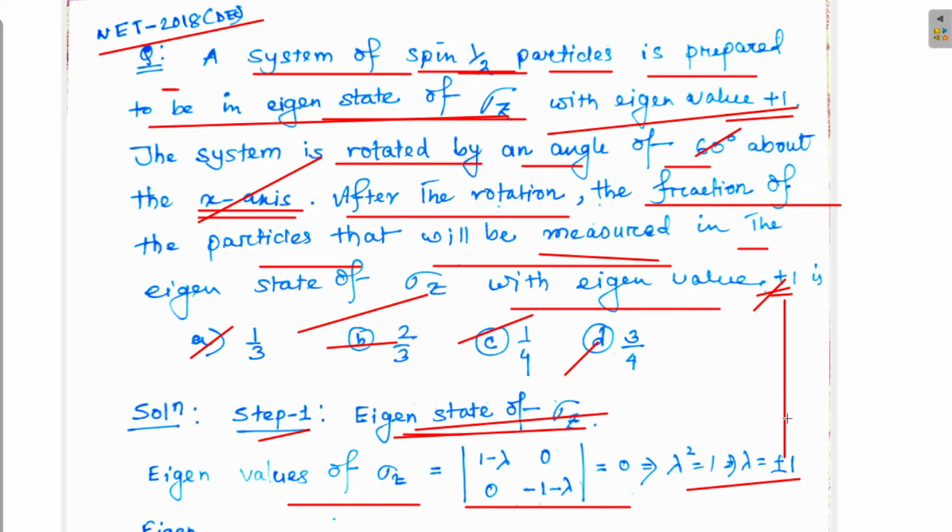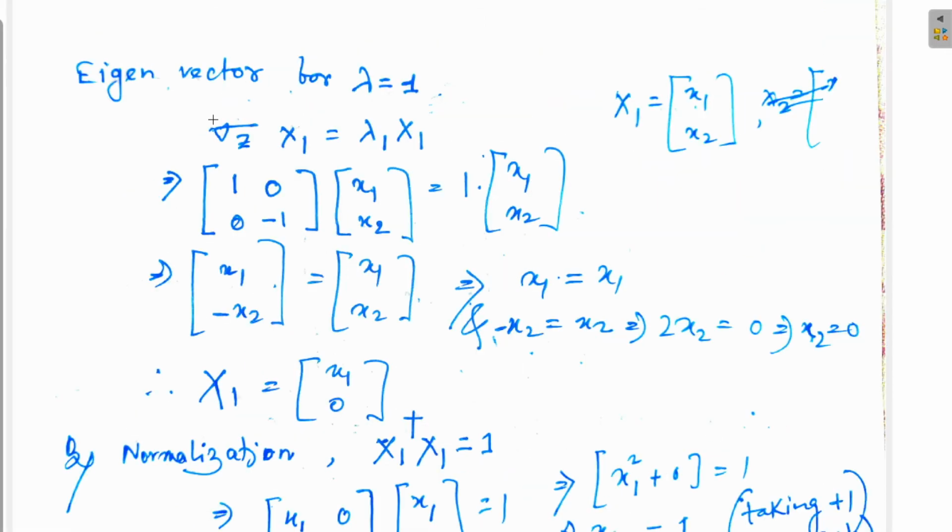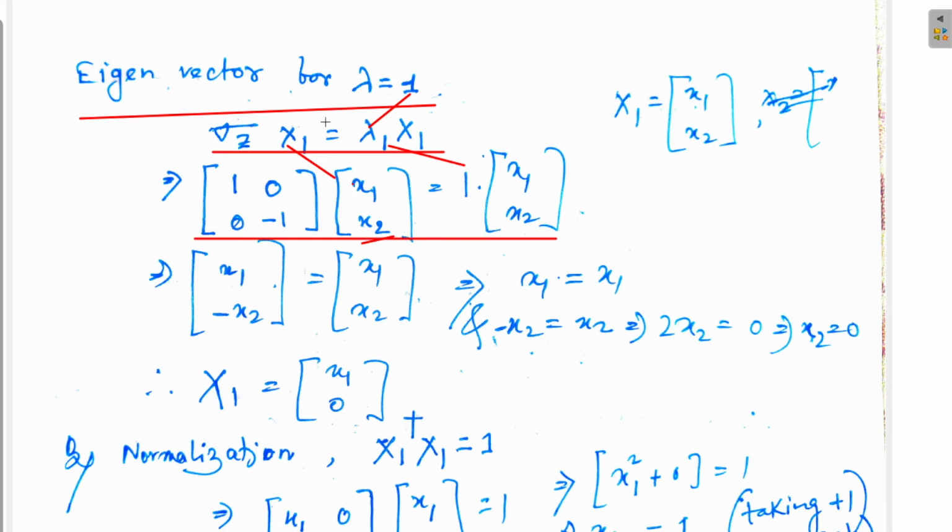Okay, so now let's proceed. The eigenvector can be calculated like this for the eigenvalue positive 1, so we put positive 1 here. The eigenvector x1 can be written with the elements x1, x2. This is the general procedure to find the eigenvector corresponding to an eigenvalue for a particular matrix, sigma z.